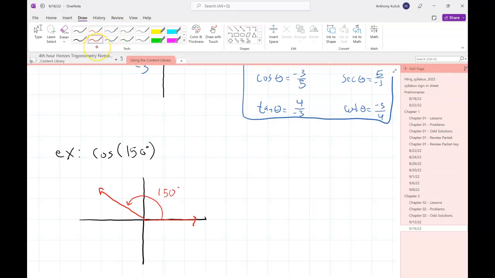And this will be my point P. Everybody's cool? Okay. I'm going to build my reference triangle now. And somehow I'm going to use this reference triangle to figure out the values for x and y.